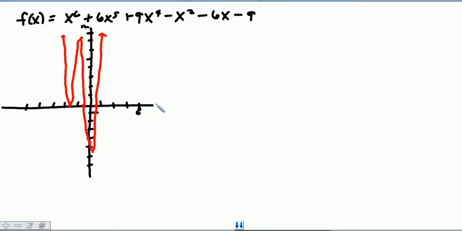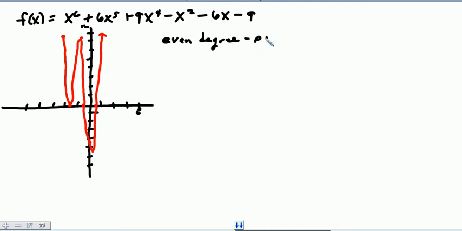So let's talk about all of the things that we can get from this function. First of all, if we had started with the graph instead of starting with the equation, we would know that this function was of even degree. And the way we would know that is because it goes up on both ends. We would also know that our leading coefficient here was positive.